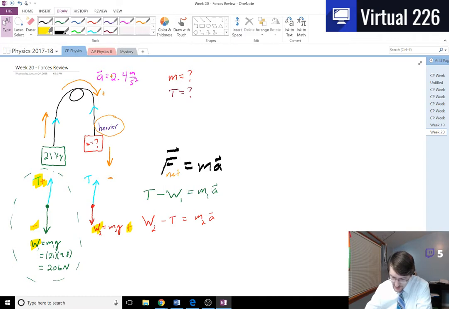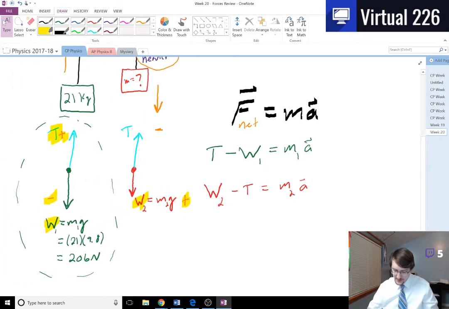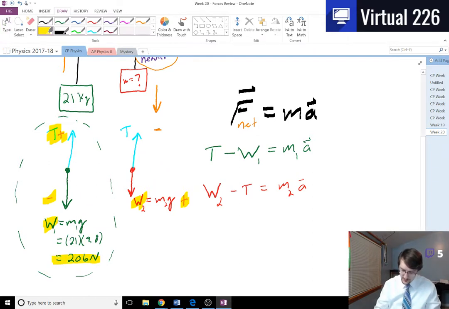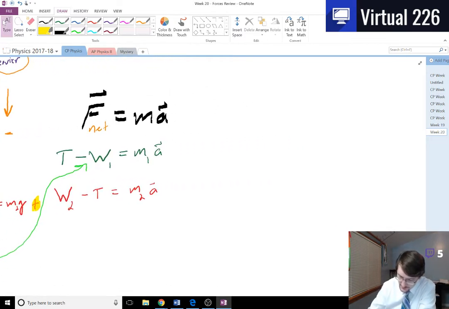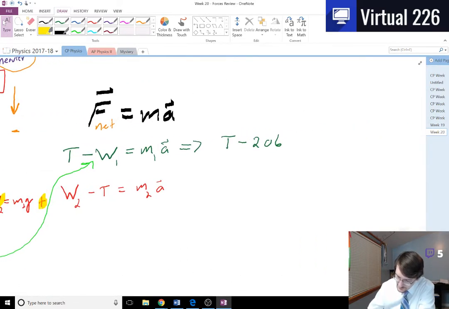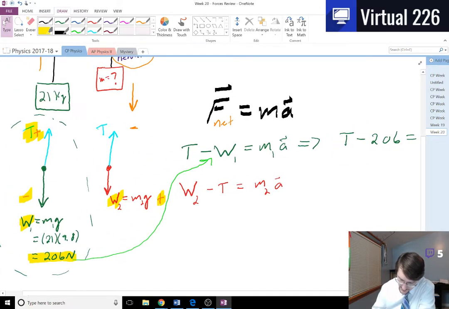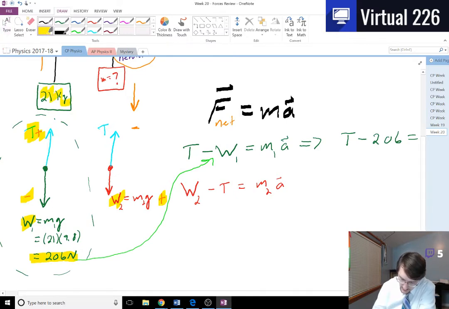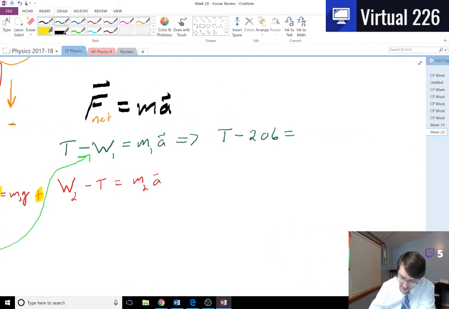What we can begin to set up is, because we know what the weight is for this first object, we can take that weight and plug it into the equation. So for equation number 1, we can say the tension minus 206, because that was the weight we found, equals M1, which was 21 kilograms, so we can just drop in a 21 right here, times the acceleration.